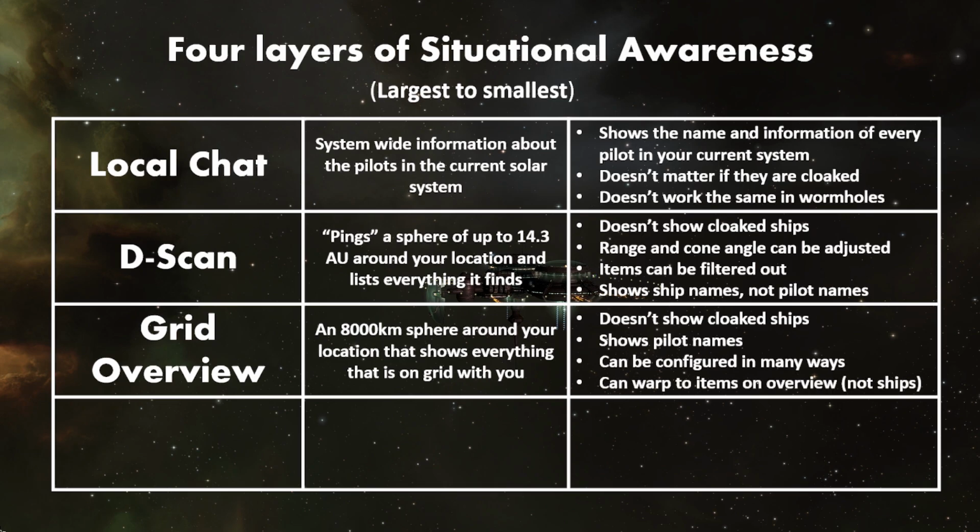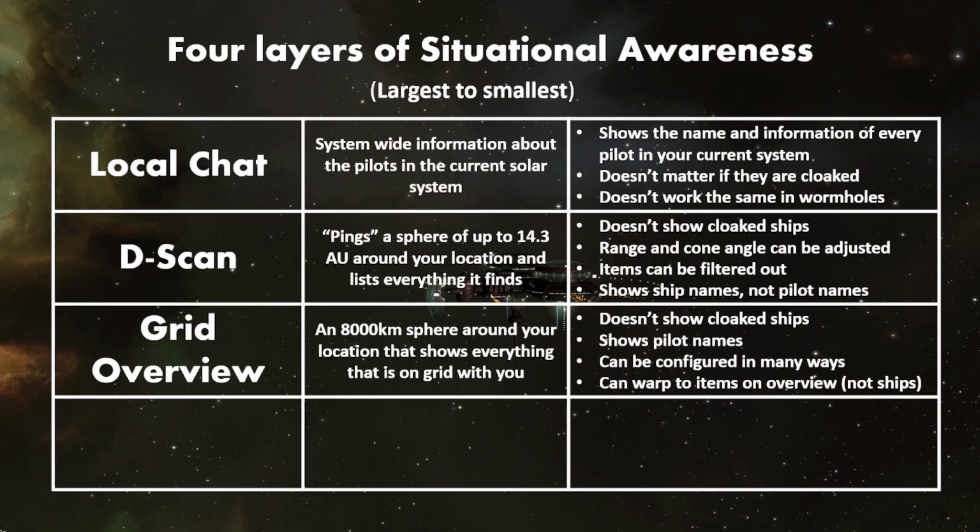And the grid or the overview shows you items that you can then actually use your radial menu to warp to them. But be aware, you cannot warp to ships. You can only warp to things like stations and anything else that's kind of on there that's not ships. Provided it's more than 150 kilometers away, you can usually use your overview to warp to it.